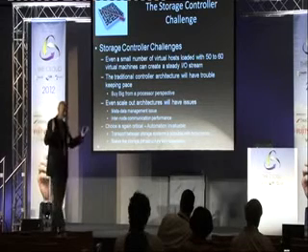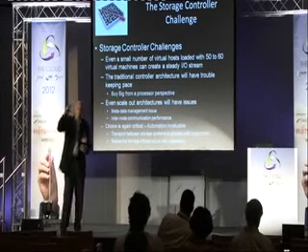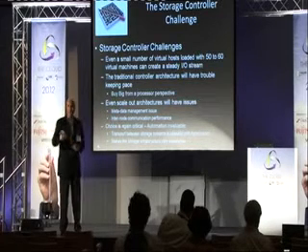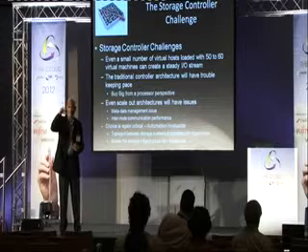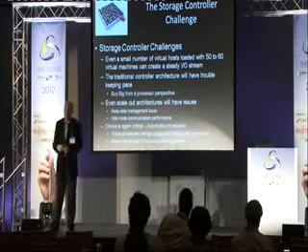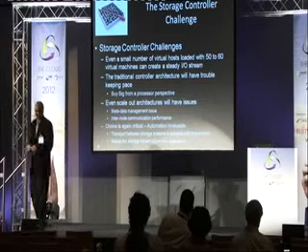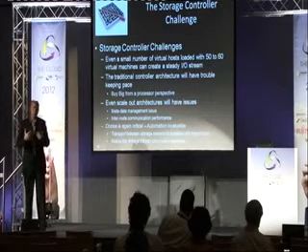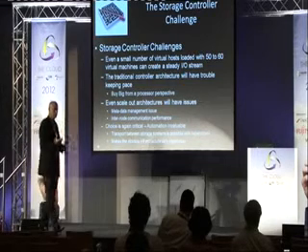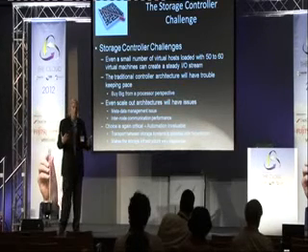Scale-out storage, just to make sure we're all on the same page, is a node-based system. I'm sure there are 3 or 4 guys like this on the floor. The nodes are connected via a back-end network, and they share capacity and controllers across that. The challenge we saw is that the back-end network started to become just overwhelmed with traffic.